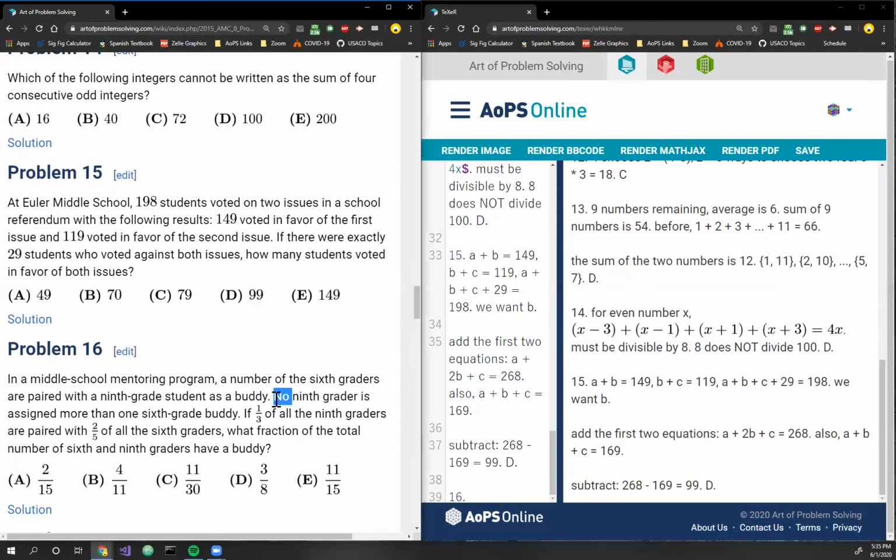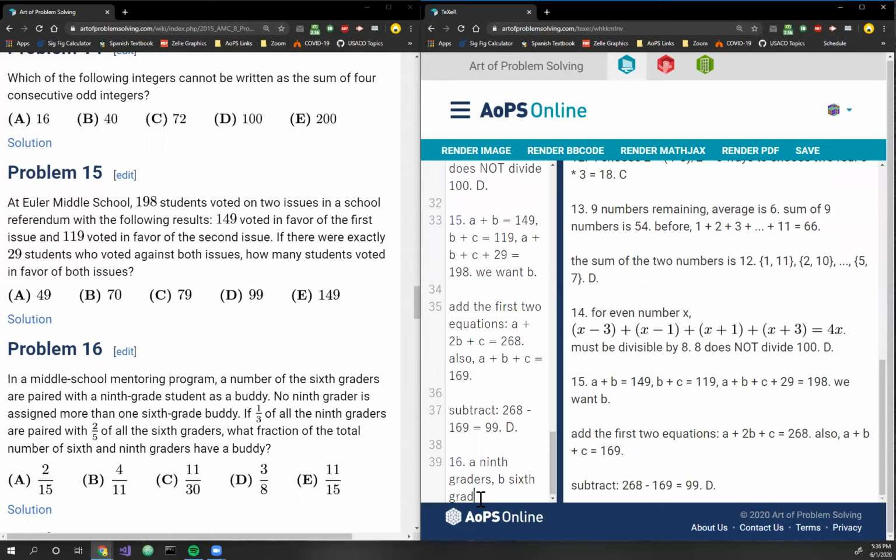Okay, a middle school mentoring program, where sixth graders and ninth graders are getting paired. The way you do this is let there be A ninth graders and B sixth graders.